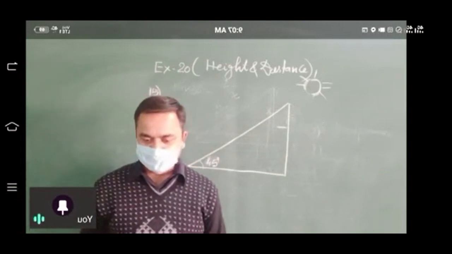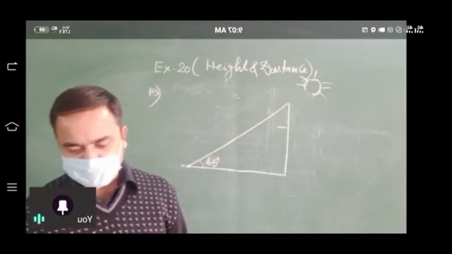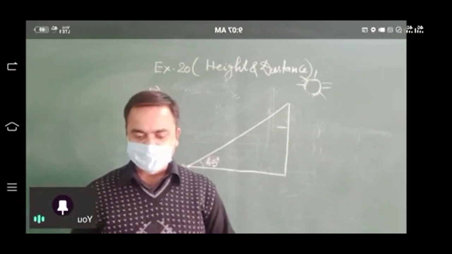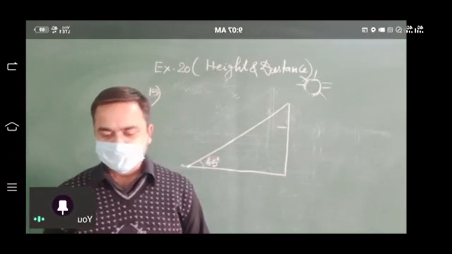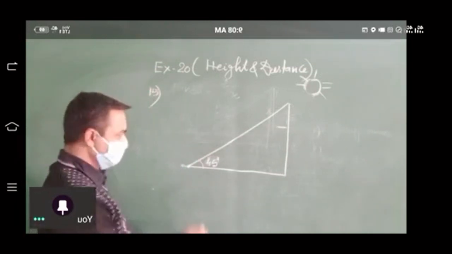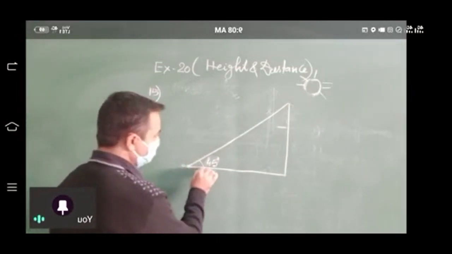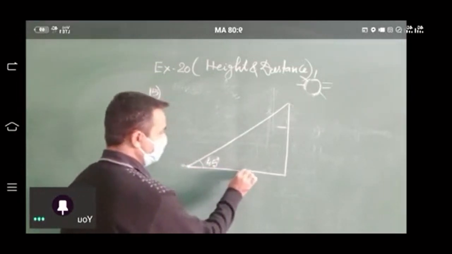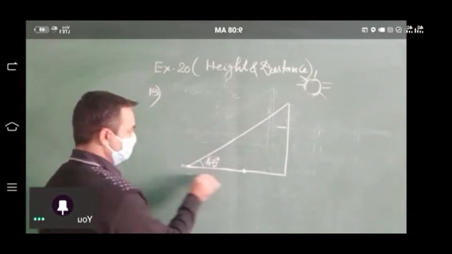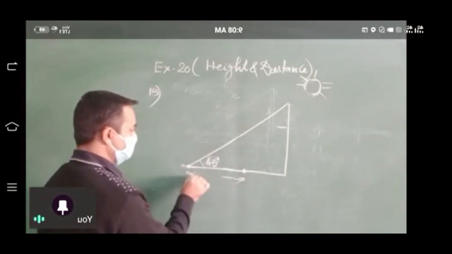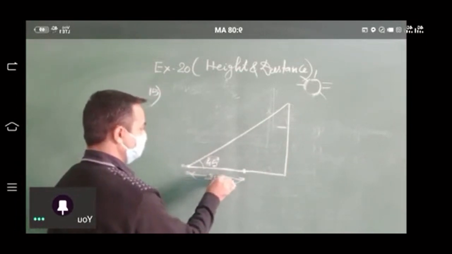And in the question, he walks towards it in a horizontal line through its base, covering 20 meter. देखो, यहाँ he has moved up to 20 meter towards the tower. This is the 20 meter distance covered by the observer.